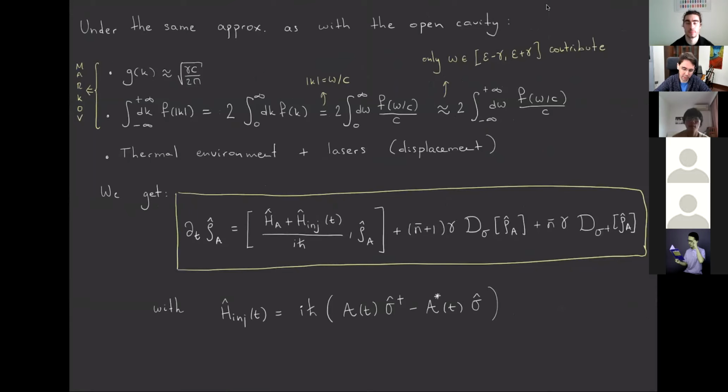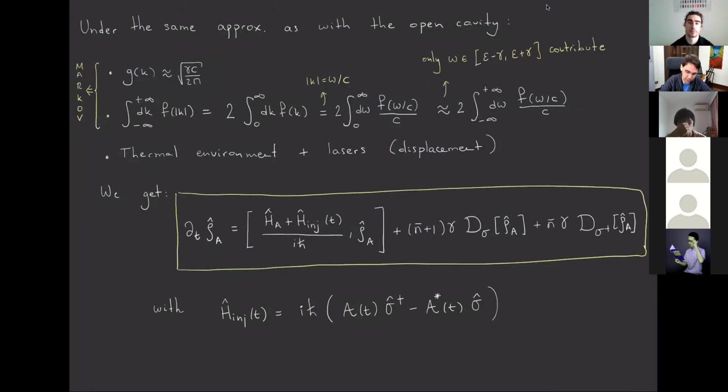Then what we discussed last week, and today we will generalize it, is that we make the same approximations that we made in the open cavity. We essentially made 2 approximations and 1 assumption. The first approximation is that the coupling doesn't depend on the wave vector or the frequency, so it's just some constant.